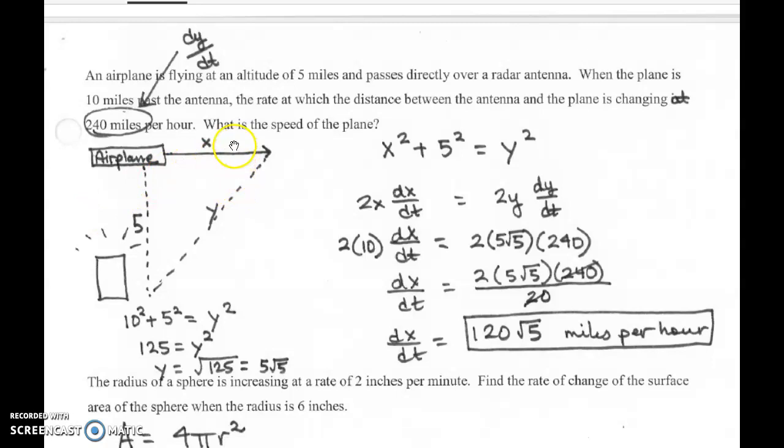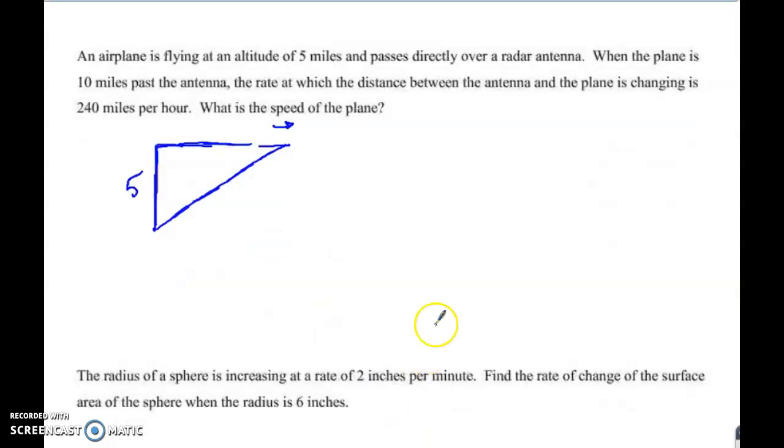So the way this problem is set up is that the distance between the antenna and the plane, so they're inferring that dy dt is the 240. I just don't like how some of the phrases are. So then dy dt is equal to 240. And they tell you that the plane went 10 miles, so the x equals 10, but again, it's changing.